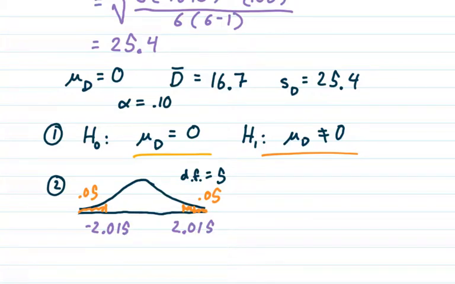And so notice that forces us to look in the second column. And then our degrees of freedom, I always include that when I'm making my sketch, is 5. So we'll look in row 5 and we find plus or minus 2.015 for our values.